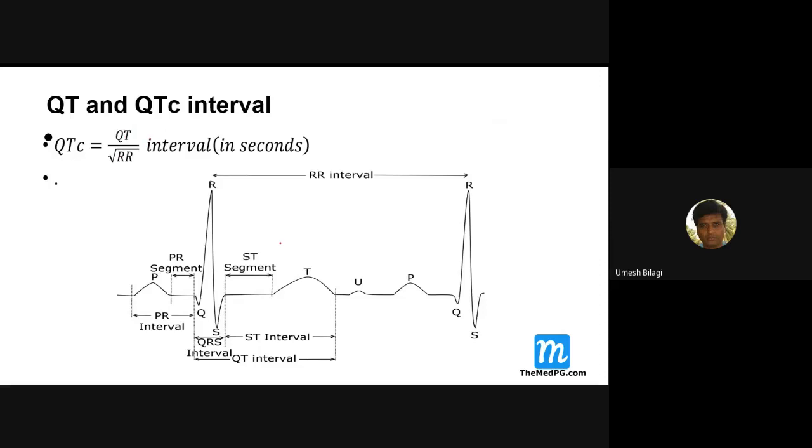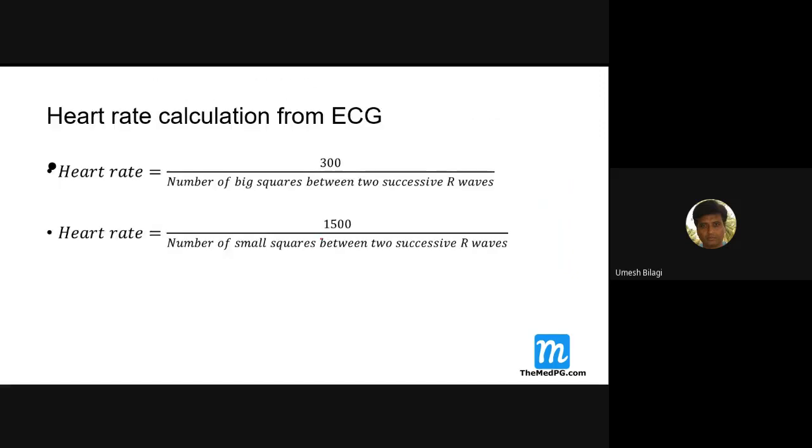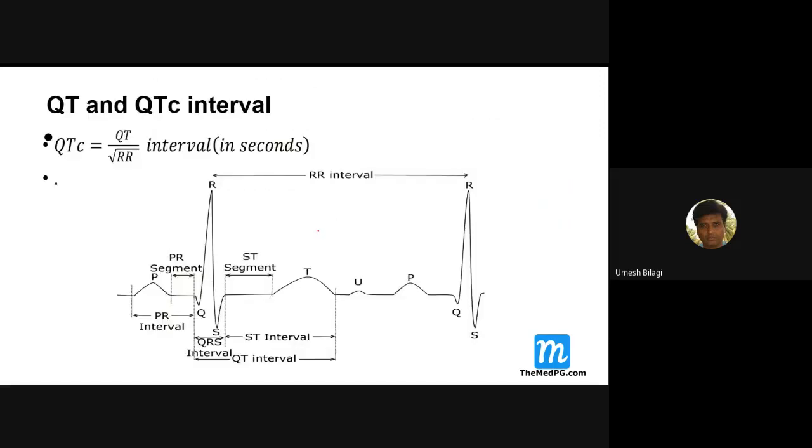The actual measured QT divided by the square root of the RR interval gives the QTc interval. If that is more than the normal value, it suggests QTc is prolonged.